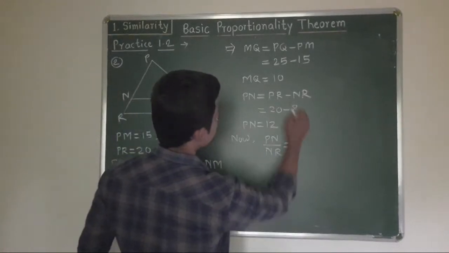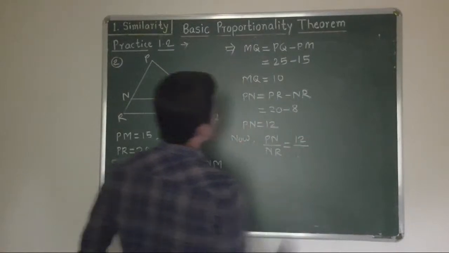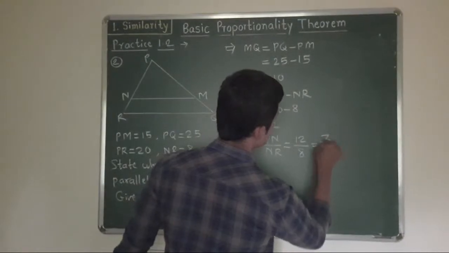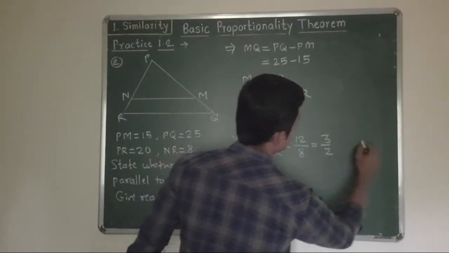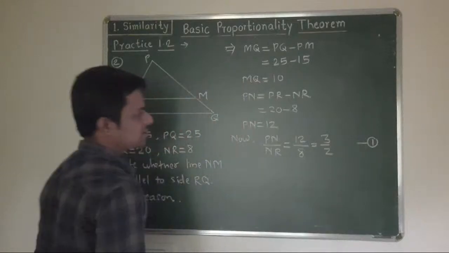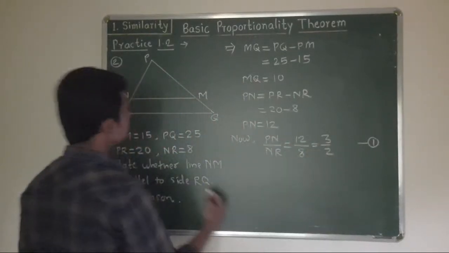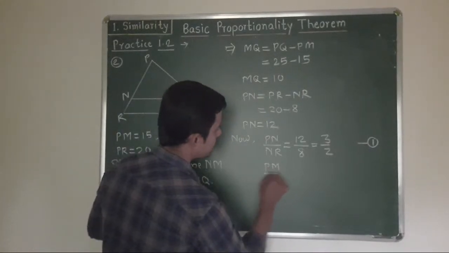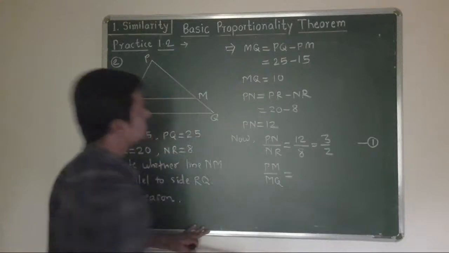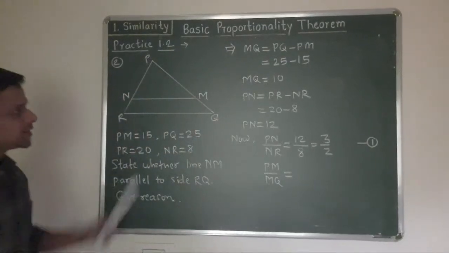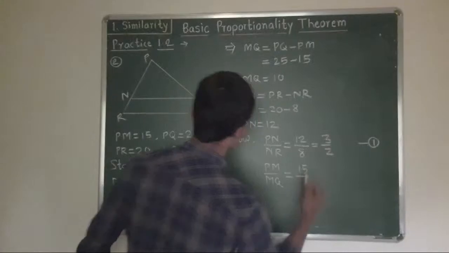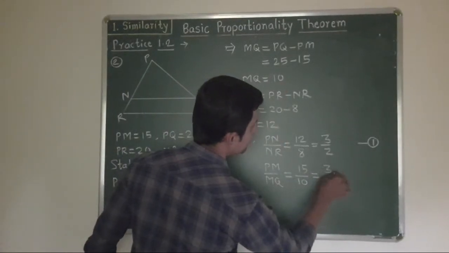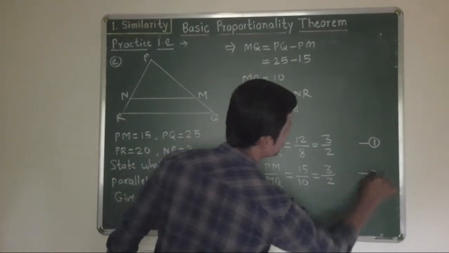PN upon NR is 12 upon 8, four 3s are 12, four 2s are 8, so statement 1 gives the ratio 3 upon 2. Now the other ratio, PM upon MQ, is 15 upon 10. Five 3s are 15, five 2s are 10, that is 3 upon 2.